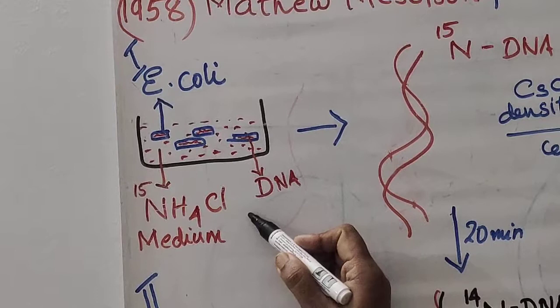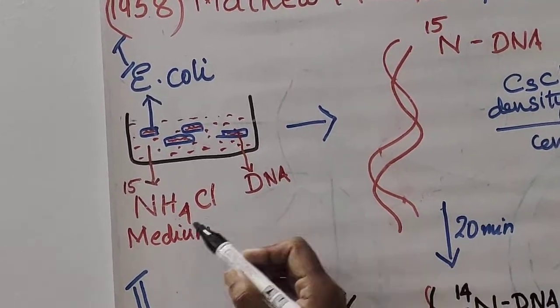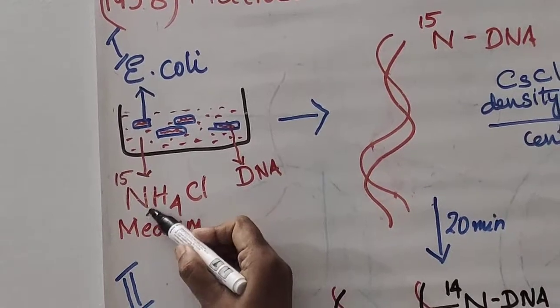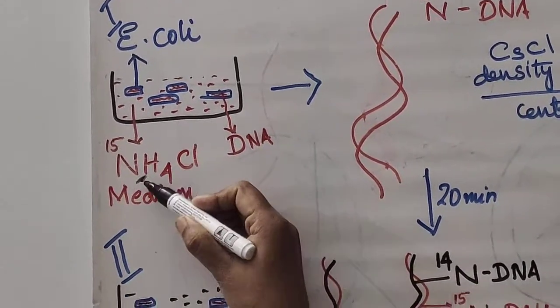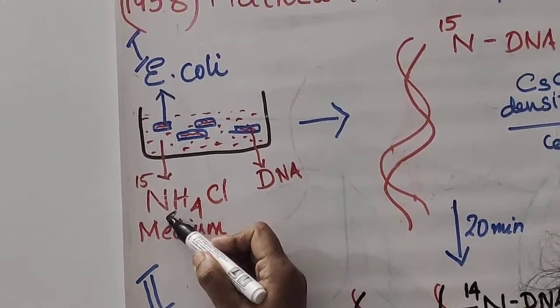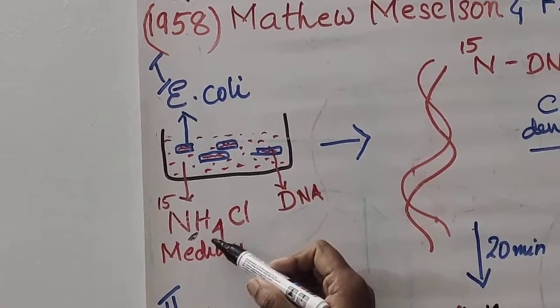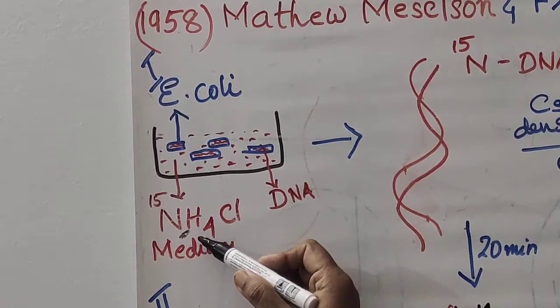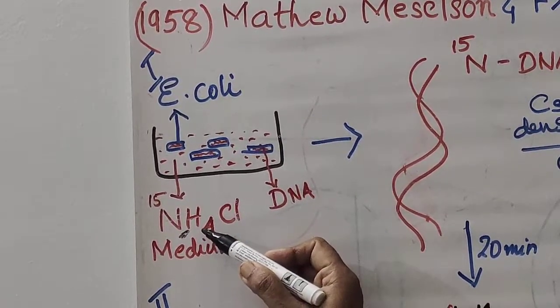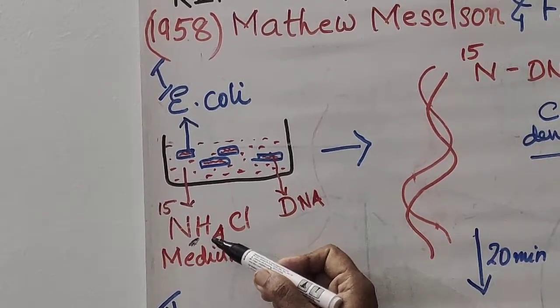Ammonium chloride was taken as the medium in order to provide nitrogen for the bases. Nitrogen is selected as the heavy isotope of nitrogen, N15. So N15 is providing the nitrogen bases like adenine, thymine, cytosine and guanine.